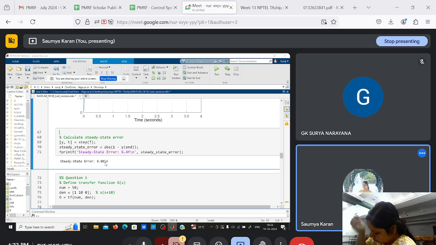A few interpretations. If gain margin is positive, the system can tolerate an increase in gain. Please remember these points. If PM is positive, the system is stable.